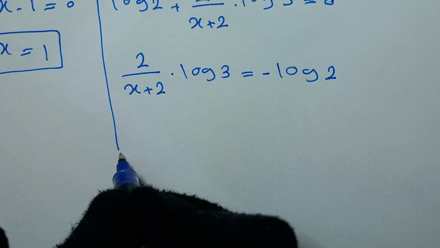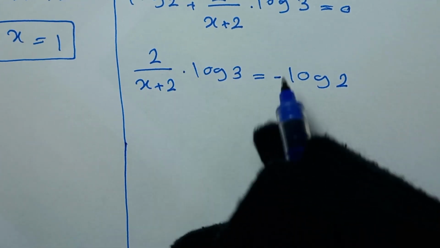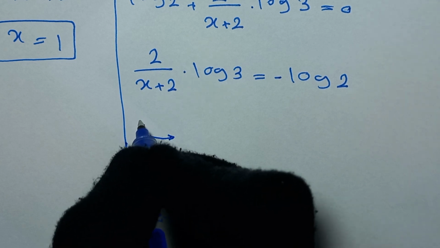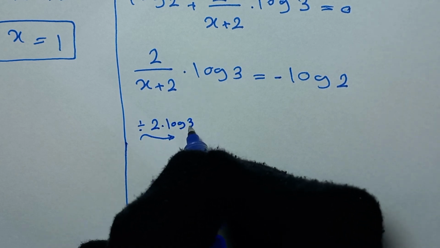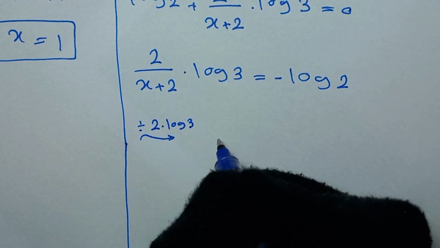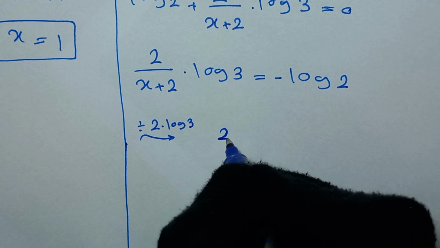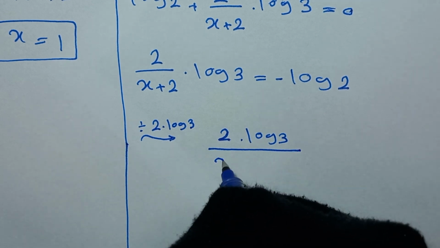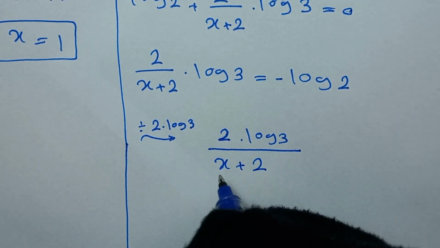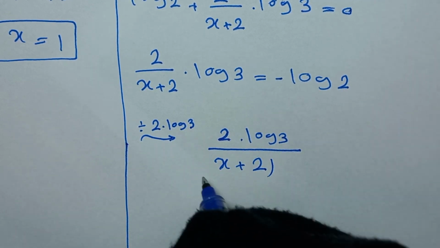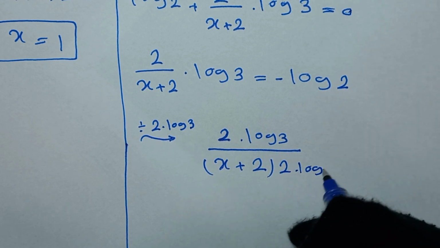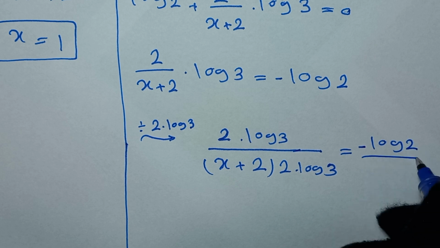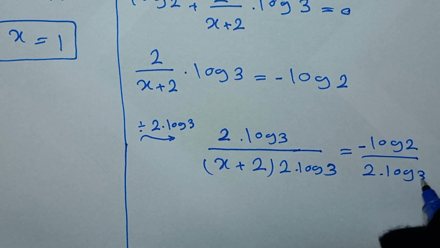And in the next step, we divide both sides of the equation by 2 times log of 3. So we divide by 2 times log of 3, and it will be, here we have 2 times log of 3 over x plus 2, and we divide by 2 times log of 3, so it will be times 2 times log of 3 is equal to negative log of 2 over 2 times log of 3, right?